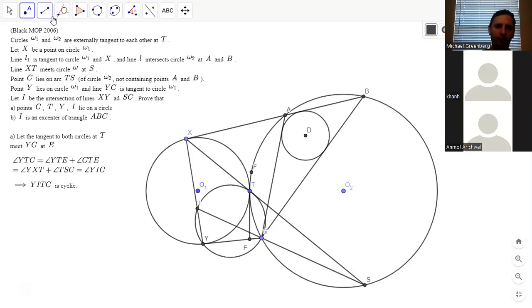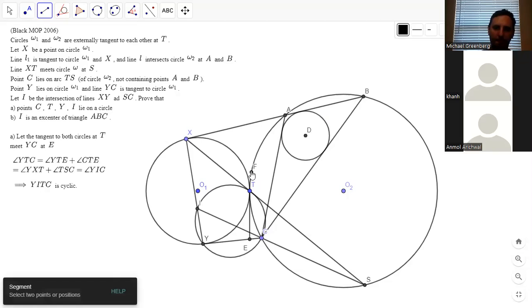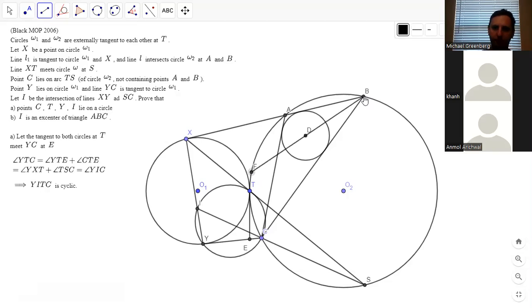We know that B, F, and V are collinear. Or we could try to show that angle O1AD is 90. Or sorry, IAD is 90.